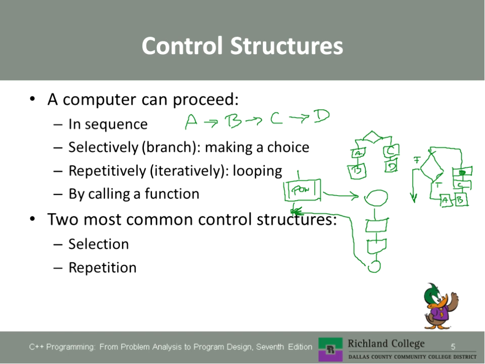So we don't have to write the code for it, we just need to know how to use somebody else's function. And that's also part of the branching. So the two most common structures are selection and repetition.